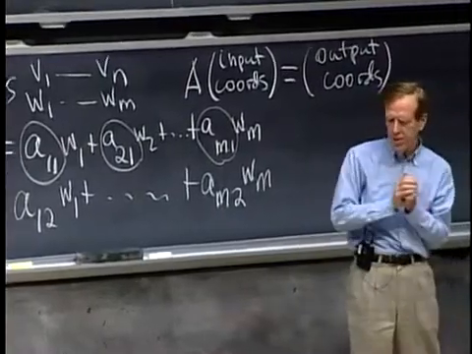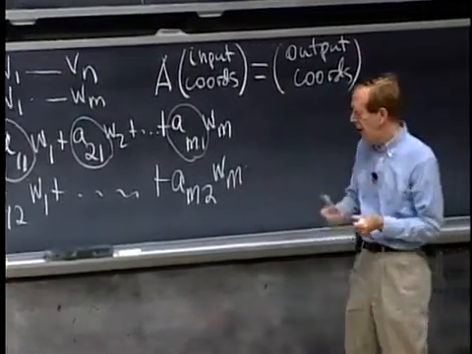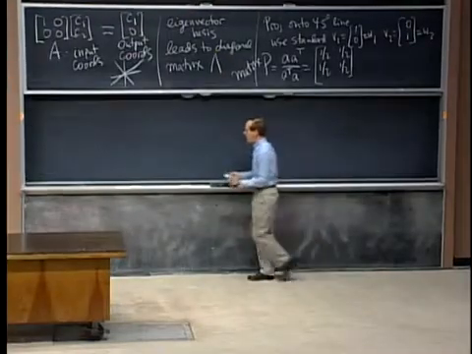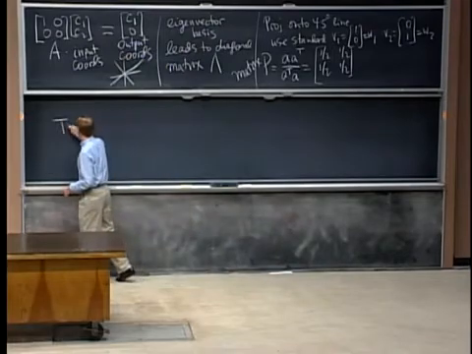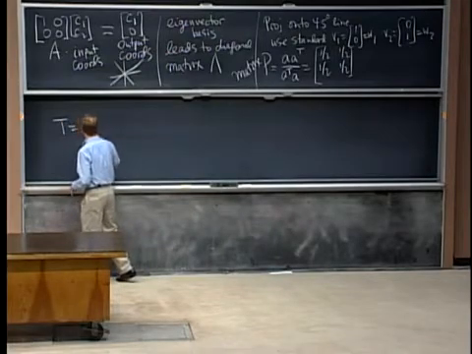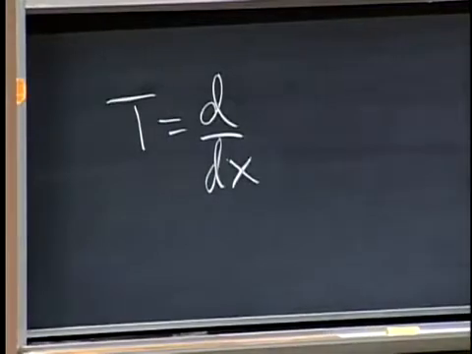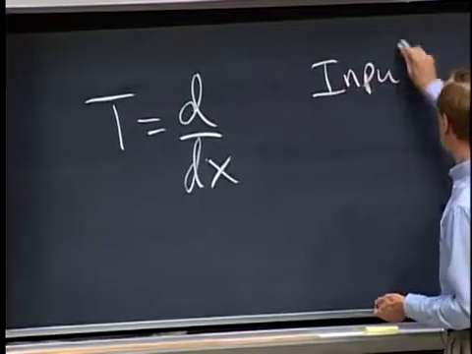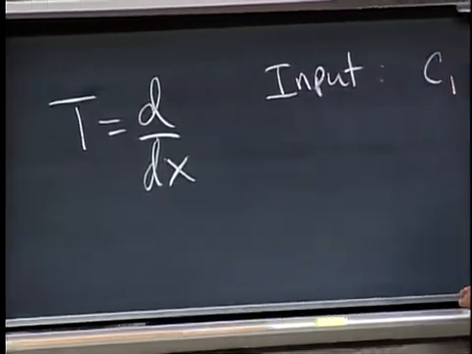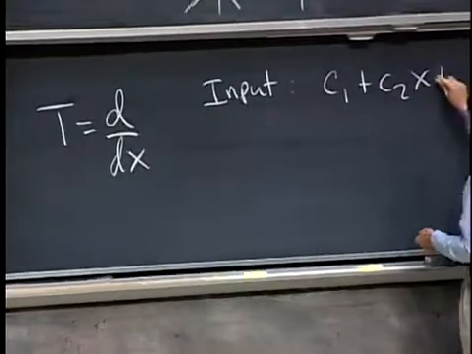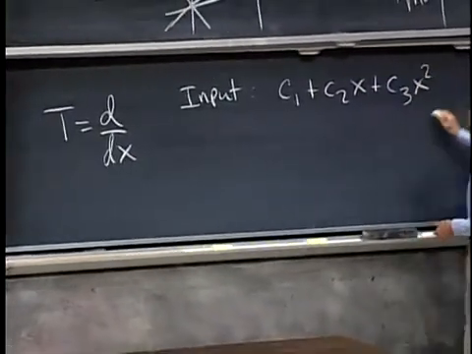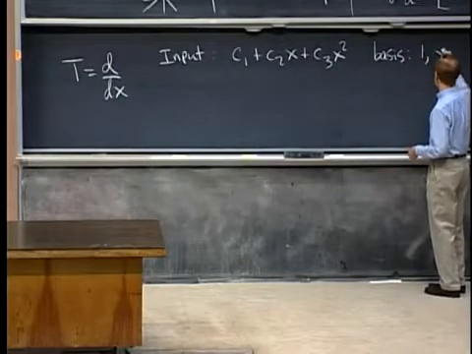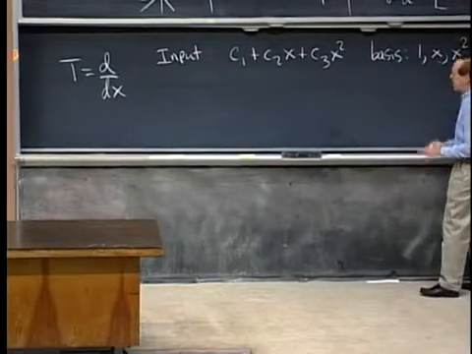Okay, so there is a picture of the matrix for a linear transformation. Finally, let me give you a different linear transformation. The linear transformation that takes the derivative. That's a linear transformation. Suppose the input space is all combinations C1 plus C2x plus C3x squared. So the basis is these simple functions.